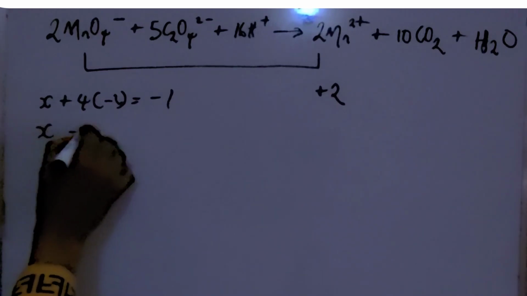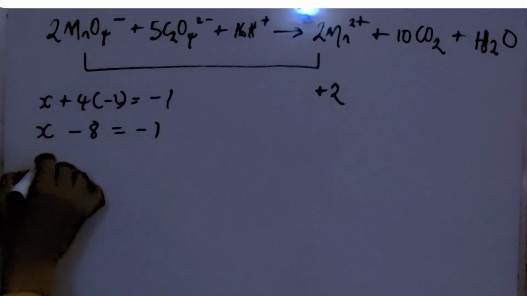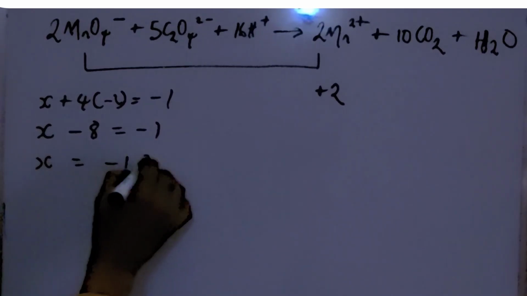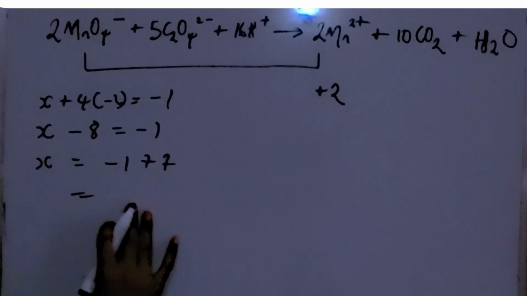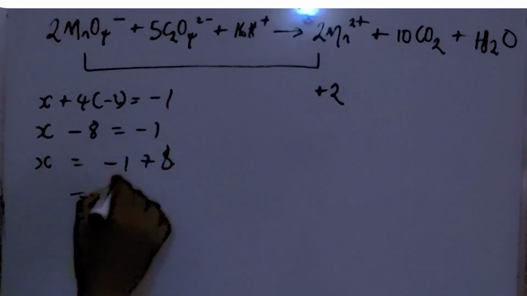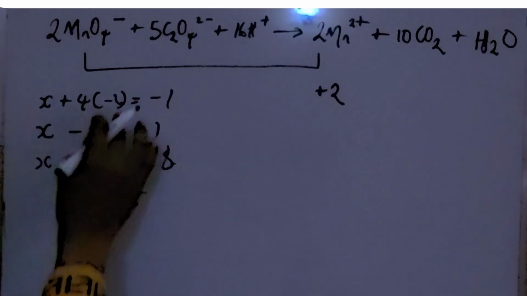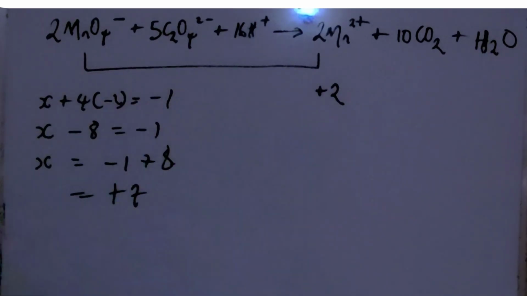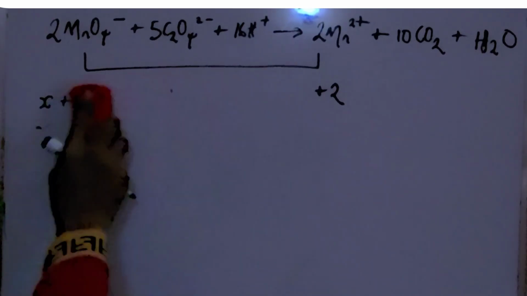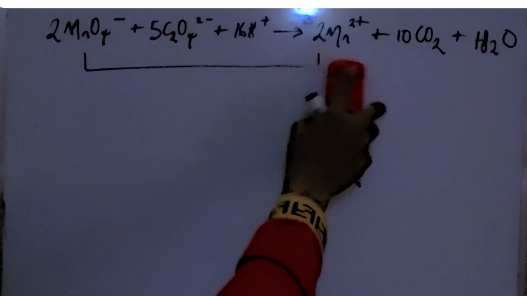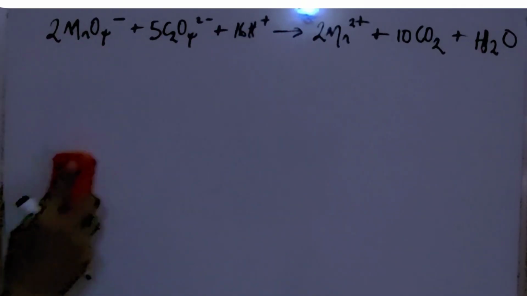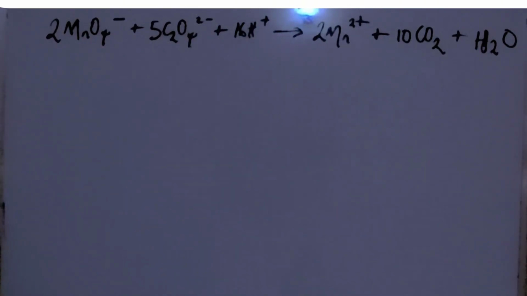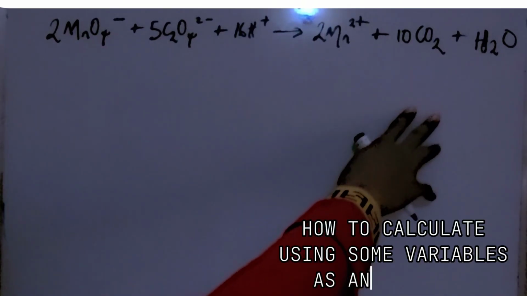So you have X minus 8 equals -1, so X equals -1 plus 8, which is plus 7. So there is a reduction from +7 to +2. If one chemical species is reducing, the other is oxidizing. So you can find that out. Interestingly, this is what I'm after, okay?